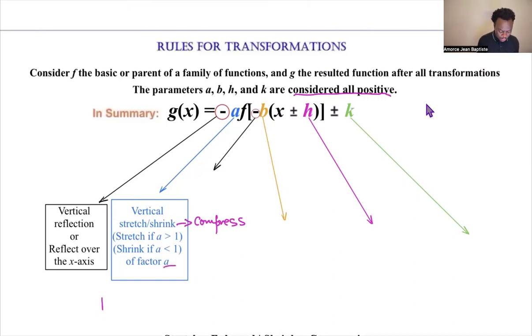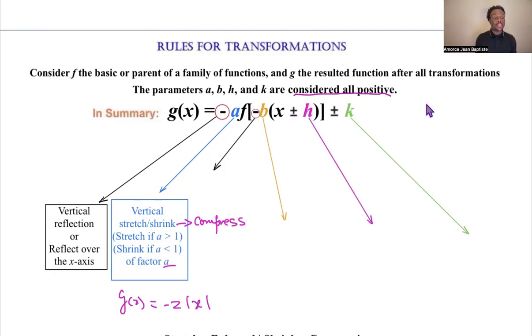For example, if I have f of x, and g of x instead, if I have g of x equals, I don't know, -2 absolute value x, two transformations happened. I reflected the graph of absolute value x in the x-axis, making it face down, and then I stretched vertically this graph with a factor 2.